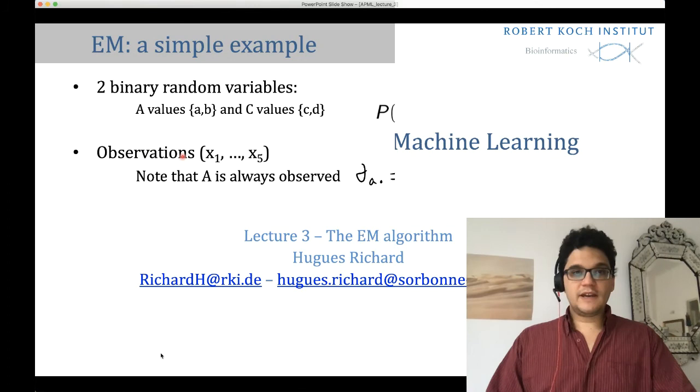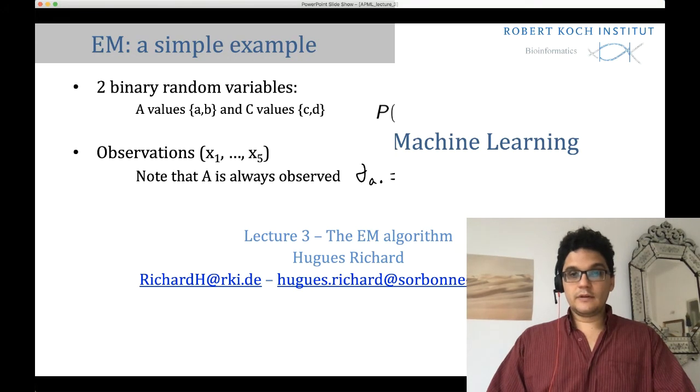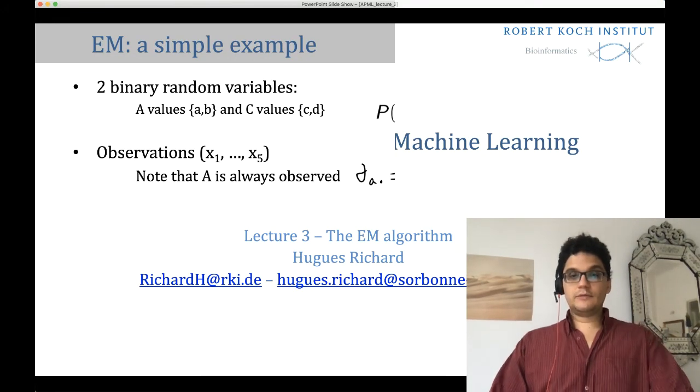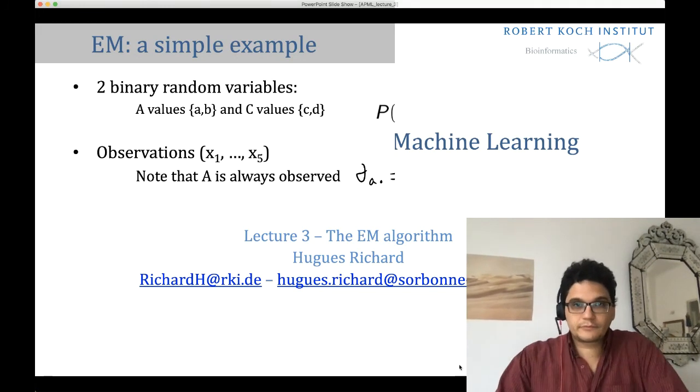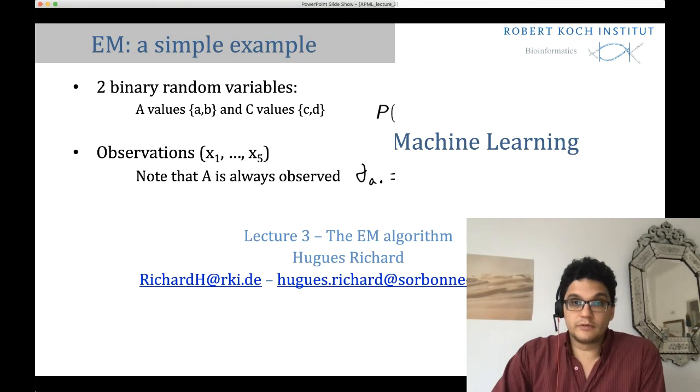Okay, so we observe. Let's imagine we just observe 5 examples, a sample of size 5, and we have 2 values that we didn't observe. So we have missing data here for x1 and for x2 over the variable C. We can see we always observe the values for the variable A, so we can already estimate the marginal over A, so the probability of observing A, independent of what we're observing for C, you see it's 3 out of 5.